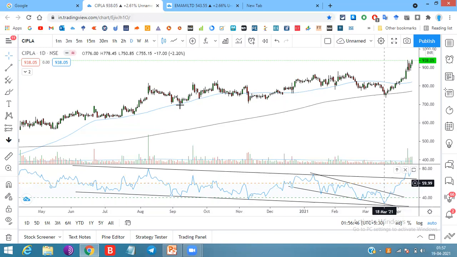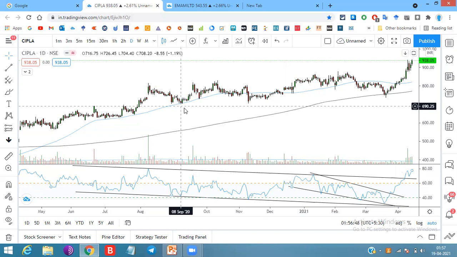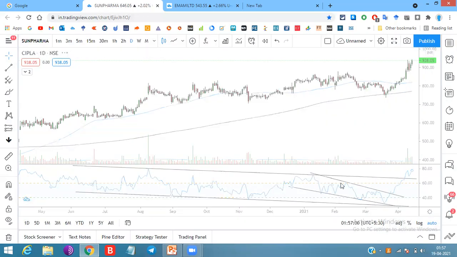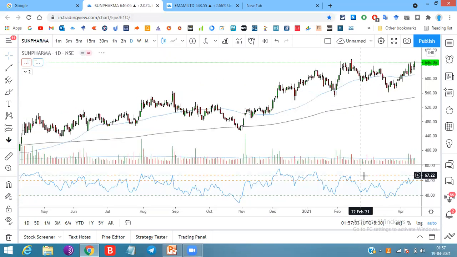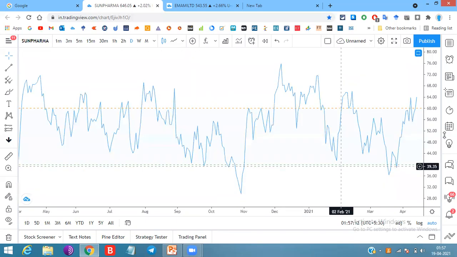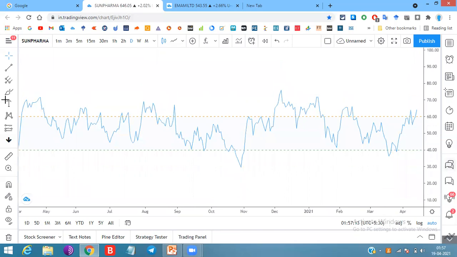Okay. And the last stock for the day, I'll just plot Sun Pharmaceutical. Okay. In Sun Pharmaceutical too, there is a somewhat similar structure like in Cadila and Cipla.